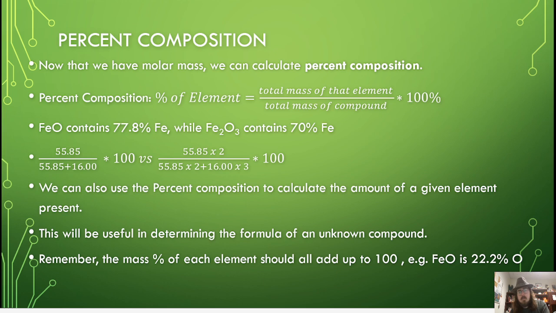Now, calculating a percent by mass of an element helps us determine what that compound is. Each unique compound has a set percent composition of each element.